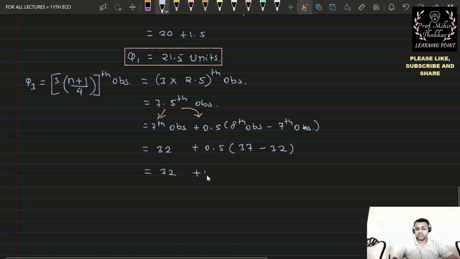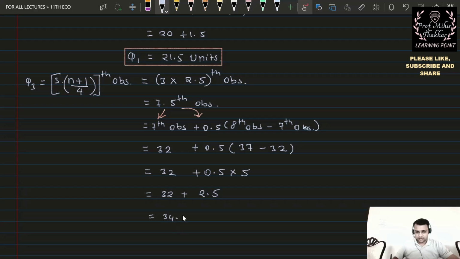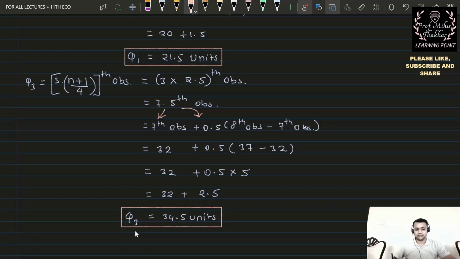So 32 plus 0.5 multiplied by 5. 5 into 5 is 25, so I can take it as 2.5. 32 plus 2.5, that is going to give us 34.5 units of electricity. So that becomes your required value for Q3. That is your upper quartile.